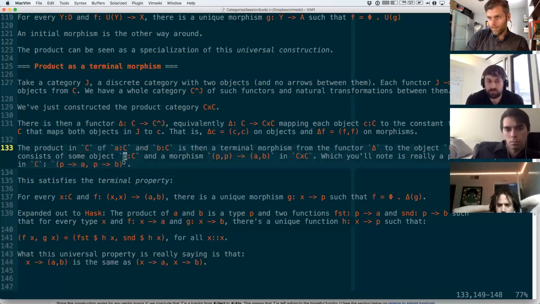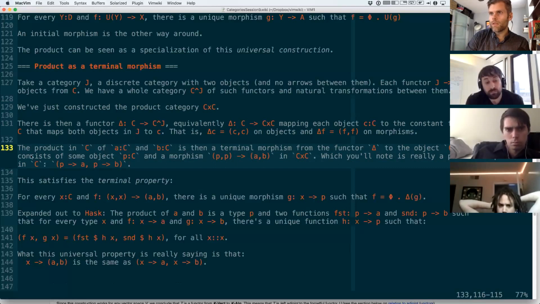Great. It goes on. A product in C of A and B, two objects in C, is then a terminal morphism from that functor, delta, to the object pair A and B in the product category C and C, right?